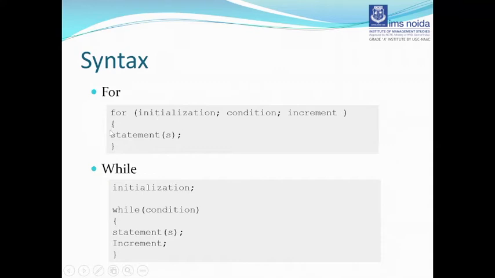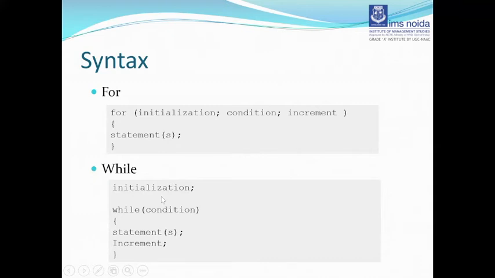In these curly braces, the statements which need to be executed or iterated will be mentioned. Do remember that after the parentheses there will be no semicolon here. If you put a semicolon, then the loop will be terminated right there. So this is the for loop.